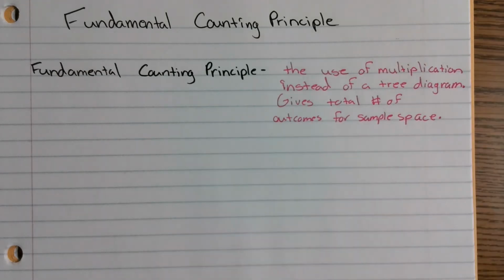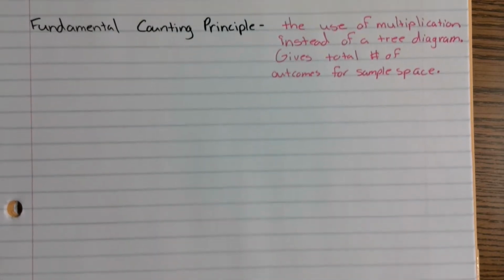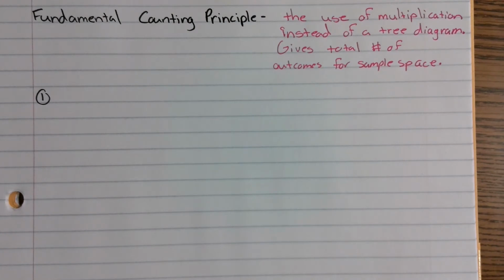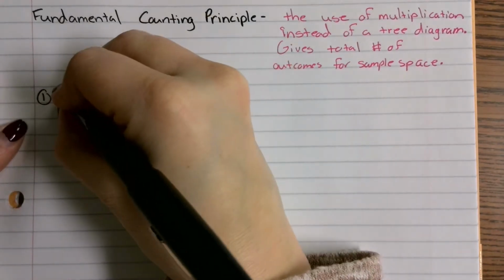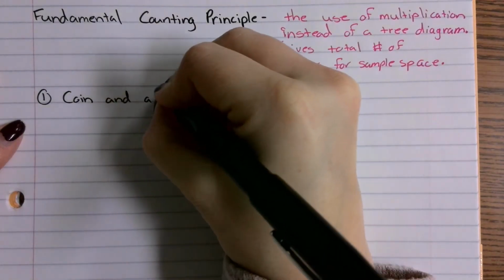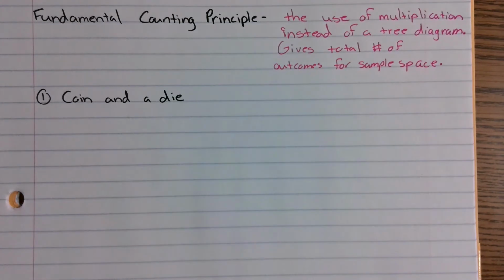So we're going to look at a couple of real quick, simple activities, and we're going to calculate what the total number of outcomes would be. So if I take a coin and a die, am I being told a number up here?